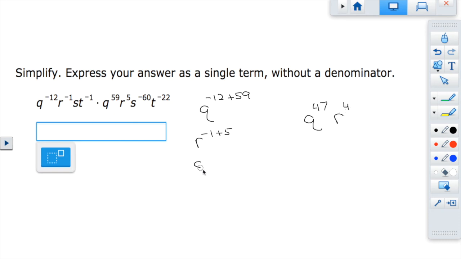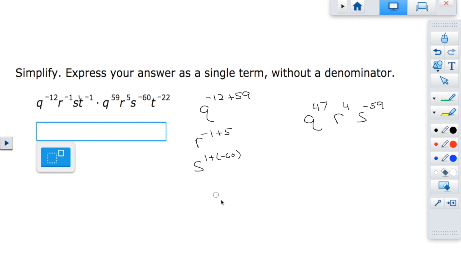Next I have S. Now this doesn't have an exponent, so if there's no exponent there, I could always write in a 1, right? So S, I got 1 plus negative 60. So that's going to be S to the negative 59th power.